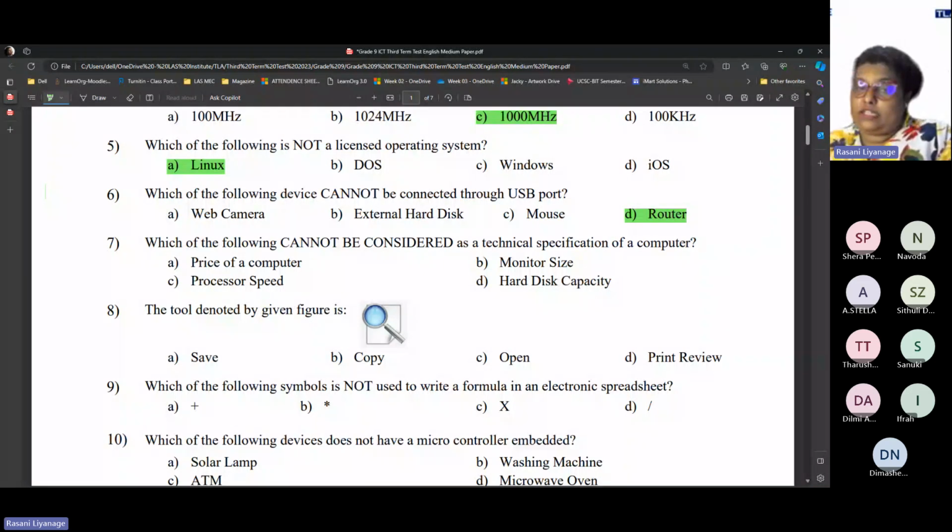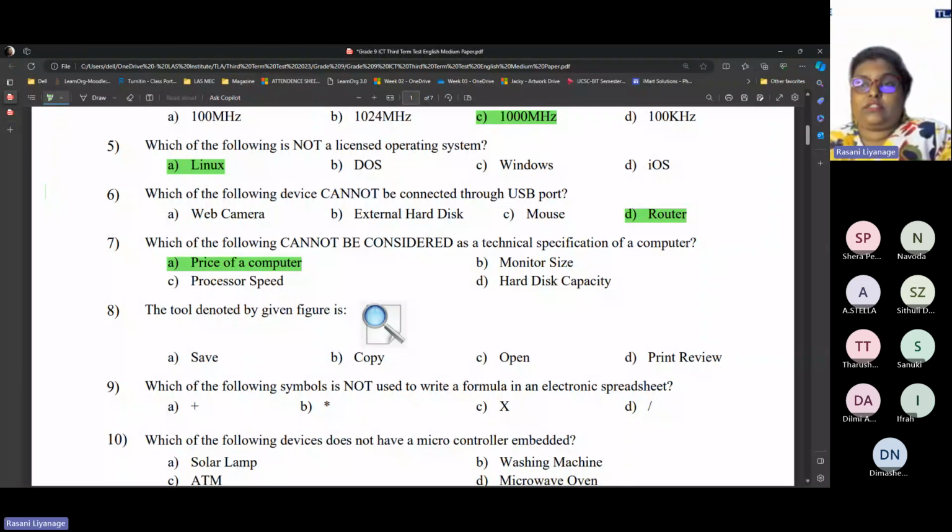But the non-technical ones are price, warranty, then brand name, all that are non-technical. So here we do have the monitor size, processor speed, hard disk capacity, all that. Those are technical specifications. Price would be the non-technical specification.